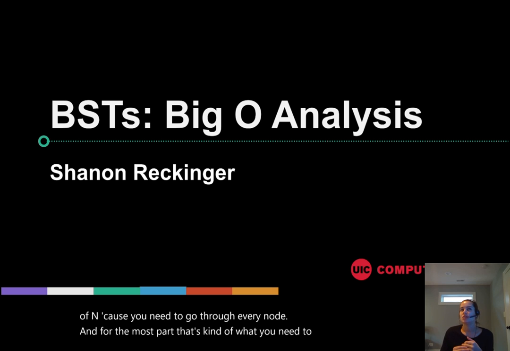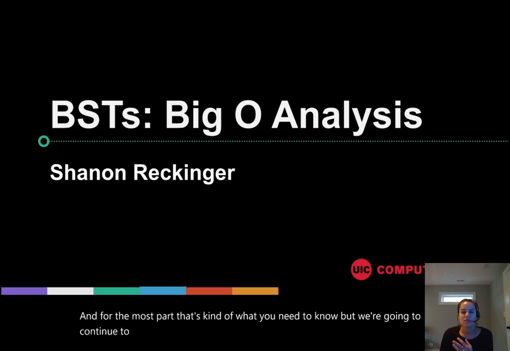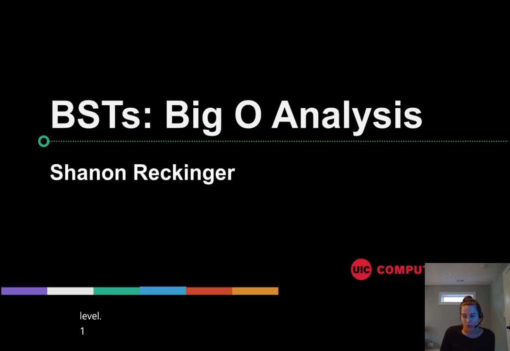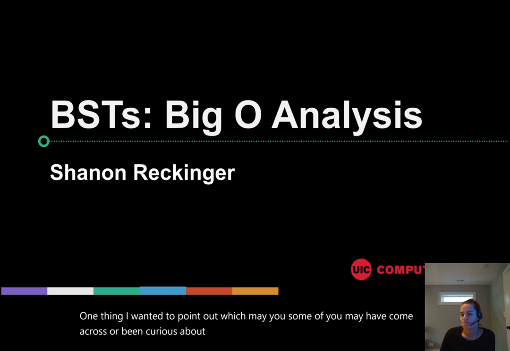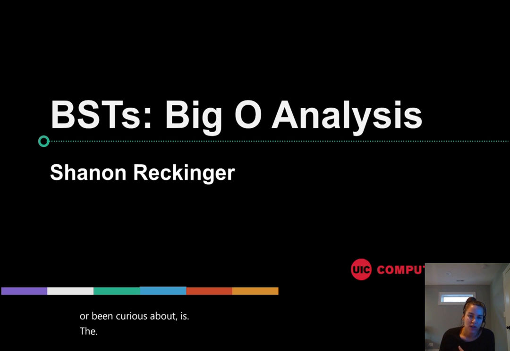But we're going to continue to look at analysis of our algorithms from a little bit of a deeper level. One thing I wanted to point out, which some of you may have come across or been curious about, is the theory side of the big O analysis.